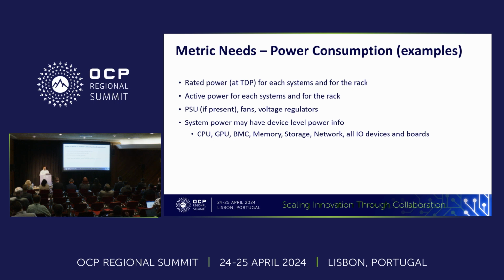If you don't have a smart power supply, you need to understand those power supply losses and factor them in when you are representing it. And also, you can think of each voltage regulator. It takes power, and you need to account for the loss in those voltage regulators. Similarly, you can even go down to a device level: how much each device is consuming, and how much power is really getting lost in those devices.